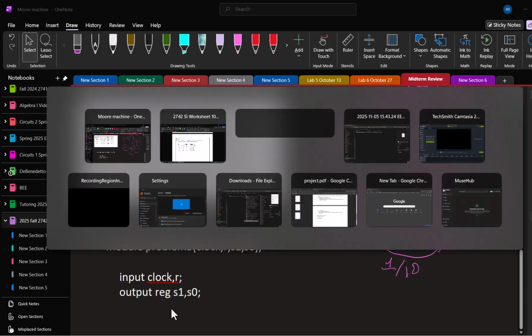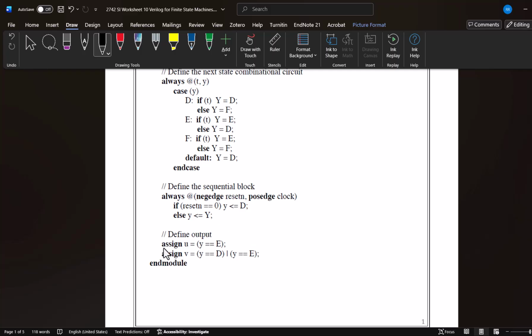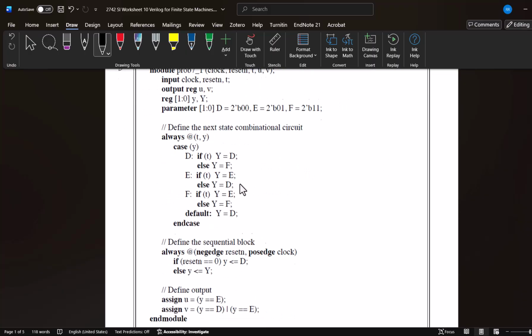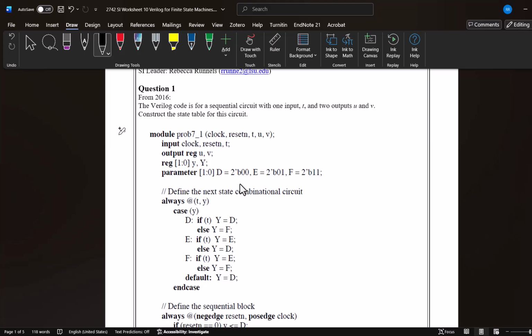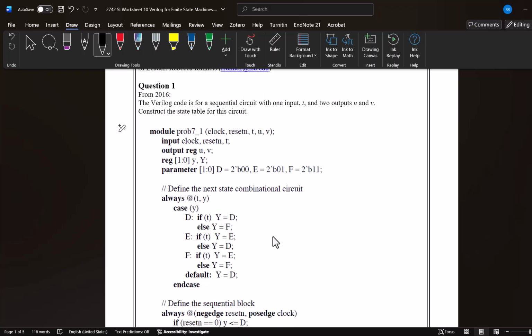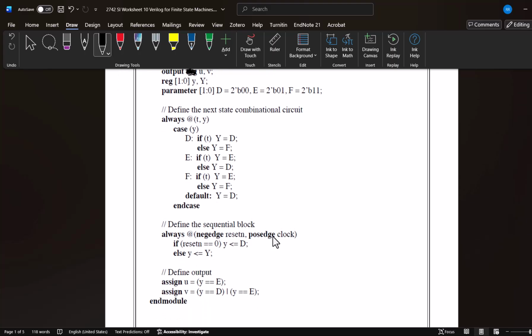So if we go back and look right here, this U and V, those were not reg, those were just... this actually does not work. That reg should not be there. This would not work as written. Yeah, so this reg is wrong. I think I remember telling that to the professor. So that could not work, because you can't use the assign statement with the reg.